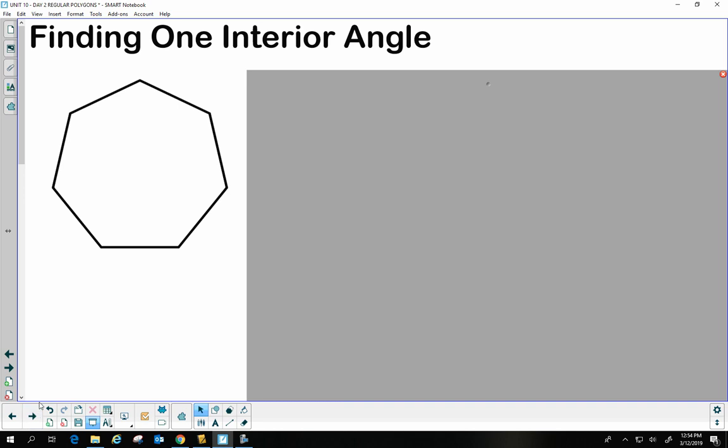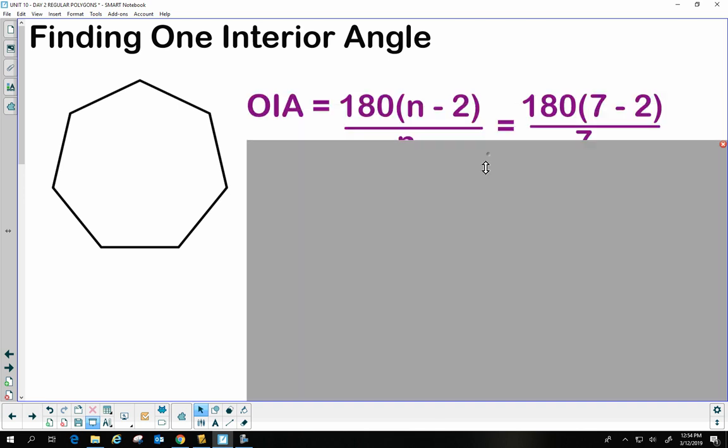So we already know how to find the sum of the interior angles of any convex polygon, whether it's regular or not. But now that we know that a polygon's regular, we know all the angles inside should be equal to each other. So we can figure out how big one of them is by finding out the sum and then dividing by the number of sides.